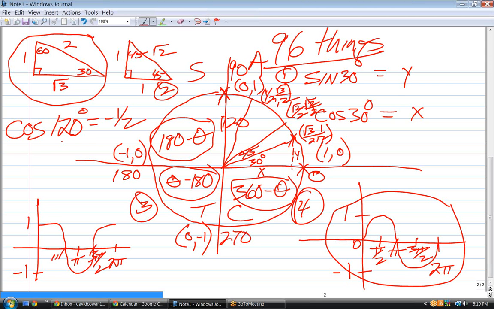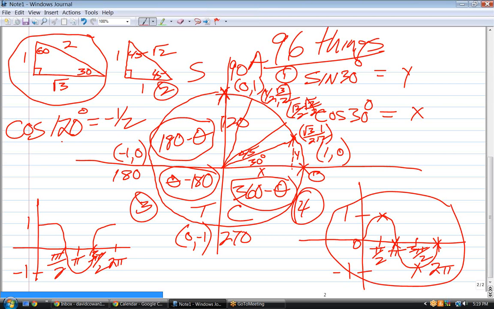That's pi over 2. And the quarter points are the key points of the graph. In other words, pi over 2 is where sine hits its peak of 1, comes back through the x-intercept at pi, goes down and hits its minimum at 3 pi over 2, and comes back to its starting point at 2 pi.